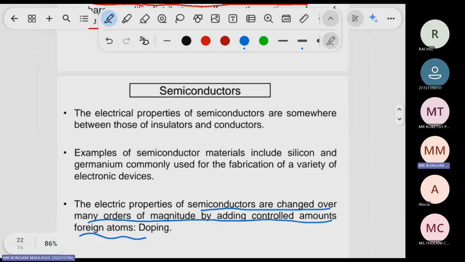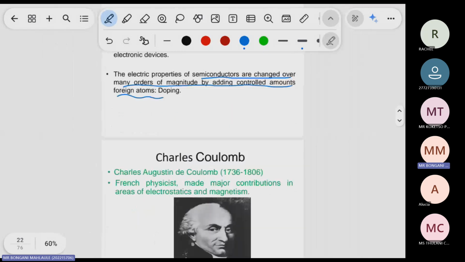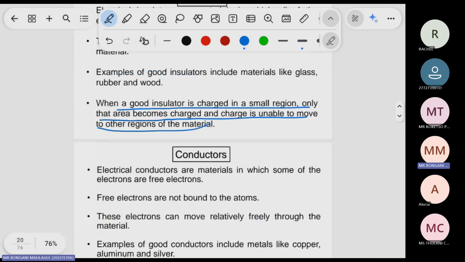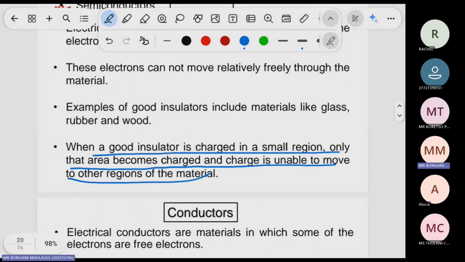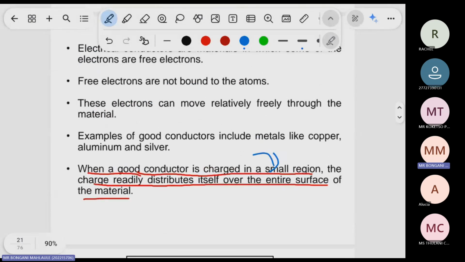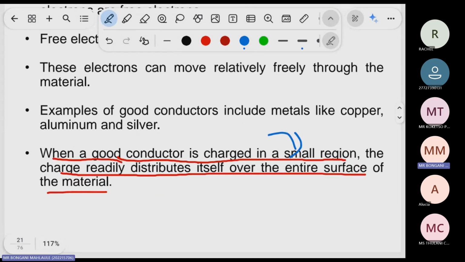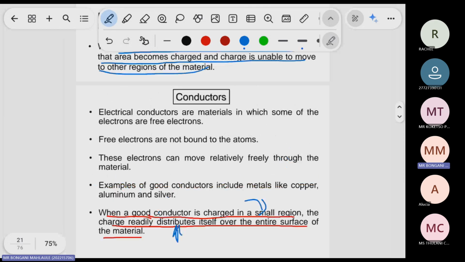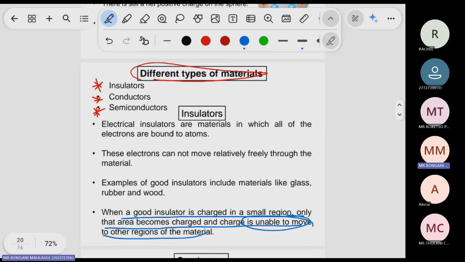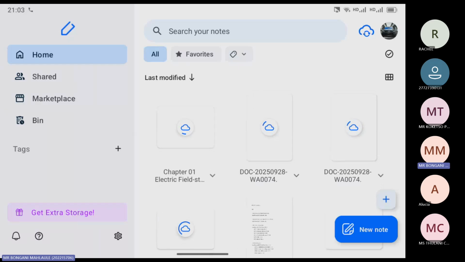So you just had to understand that for a conductor, it will be charged in a small region, and also that the charges will redistribute themselves. But here, the charges won't be able to move on the insulator. So that's why that option is a conductor. That's what I'm saying, guys. Make sure you read the theory.